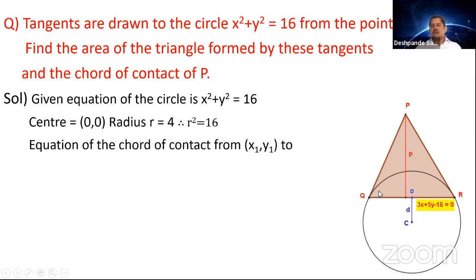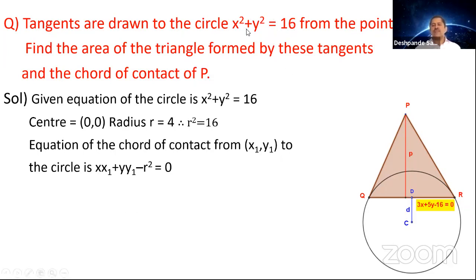So equation of chord of contact. First of all, you are going to find the equation of QR, right? So the point is given. From this point, you are going to find the chord of contact, the QR equation, for the circle x square plus y square is equal to 16. The equation of chord of contact from (x1, y1) to the circle is given by the formula x x1 plus y y1 minus r square is equal to 0. Why minus r square?